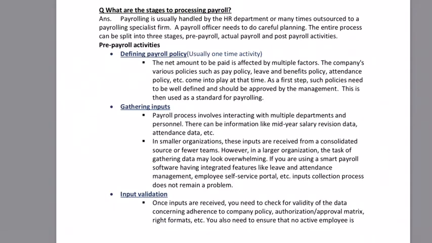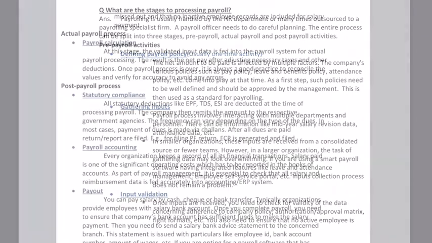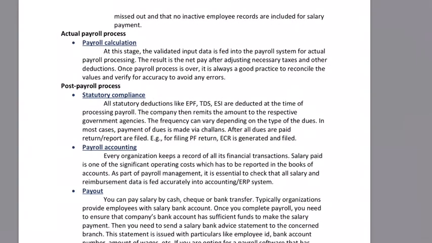Then input validation. Once inputs are received, the payrolling team has to check the validity of the data concerning adherence to company policy, authorization, and approval metrics: whether leave has been taken after approval, whether there's an approval mail attached. They also need to ensure that no active employee is missed out and no inactive employee records are included in salary payment.